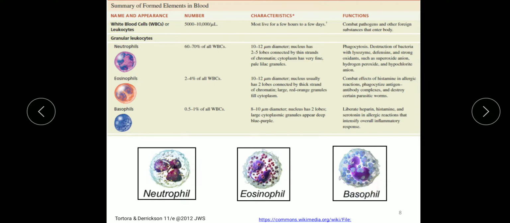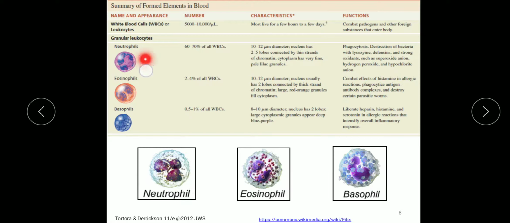At the site of inflammation, basophils leave the capillaries, enter the tissue and release granules that contain histamine, heparin and serotonin. These substances intensify the inflammatory reaction and are involved in hypersensitivity reactions.